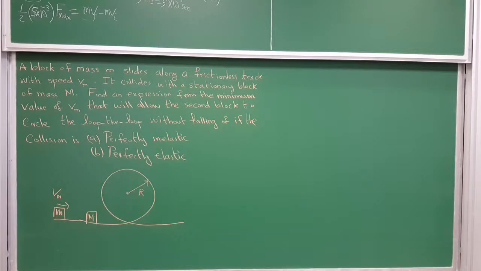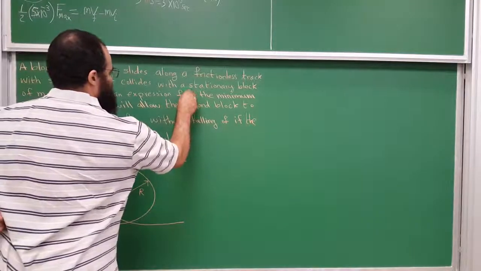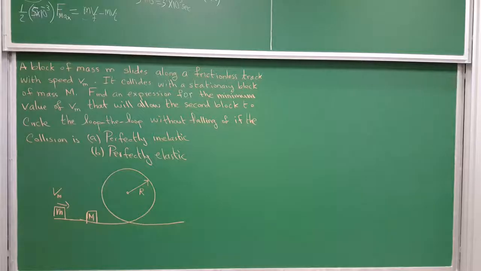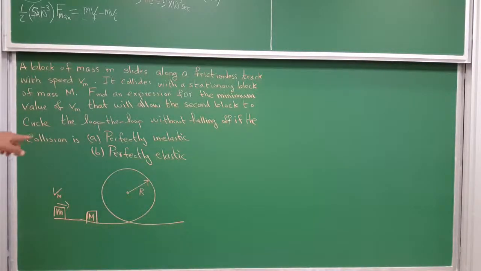It collides with a stationary block of mass capital M. Find an expression for the minimum value of Vm that will allow the second block to circle the loop without falling off, if the collision is perfectly inelastic, and then if the collision is perfectly elastic.